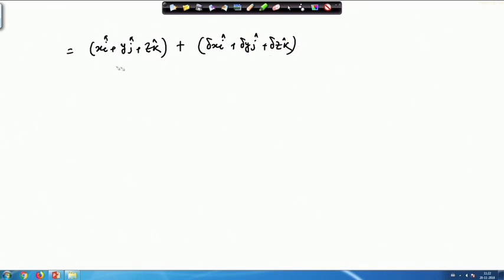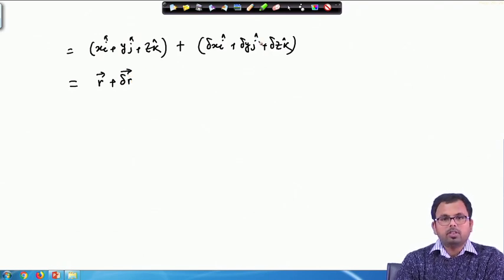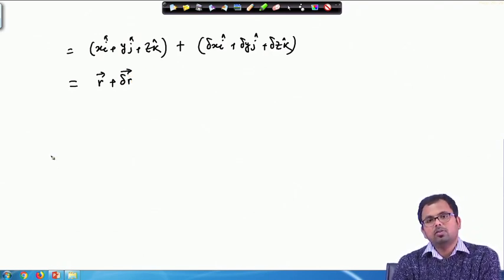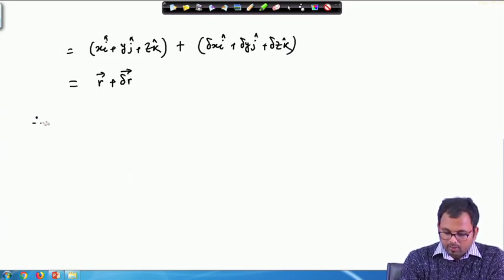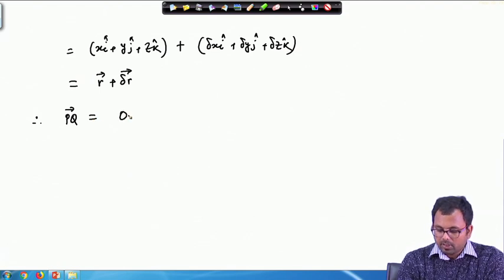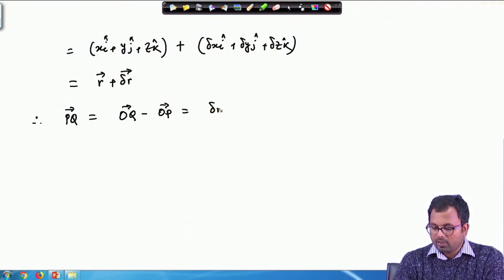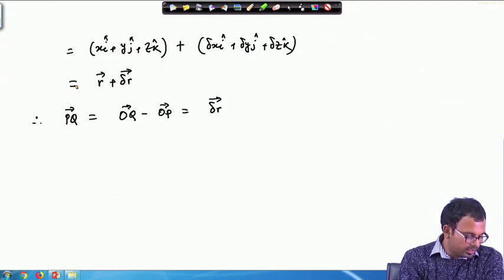I write x i plus y j plus z k as r, and delta x i plus delta y j plus delta z k as delta r. Both of them are vector quantities, and this small increment is denoted by delta r. Now the vector from P to Q is OQ minus OP, and that will be only delta r, because r minus r is 0.